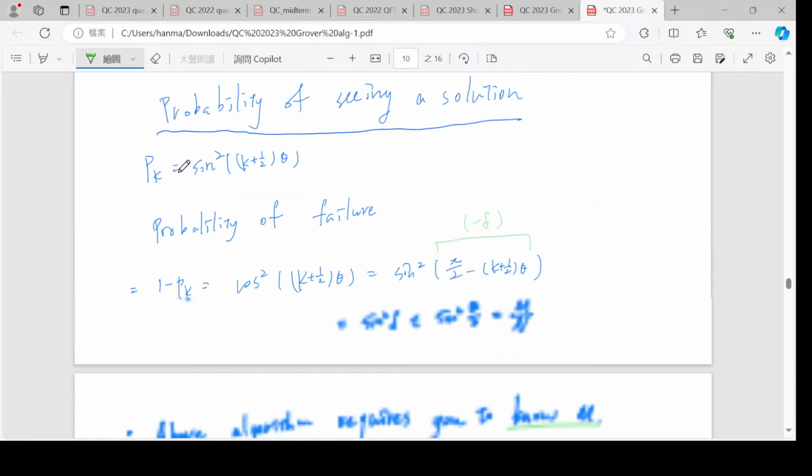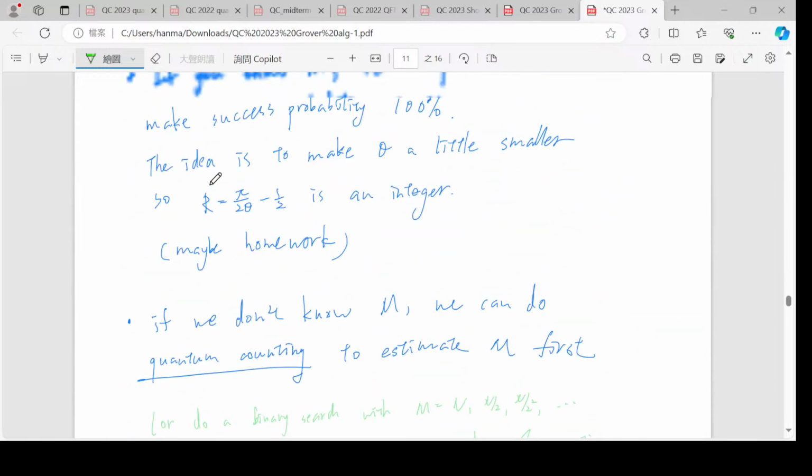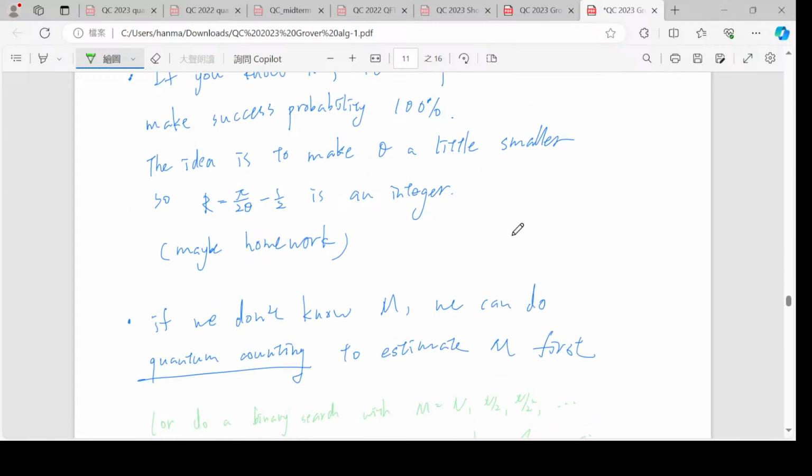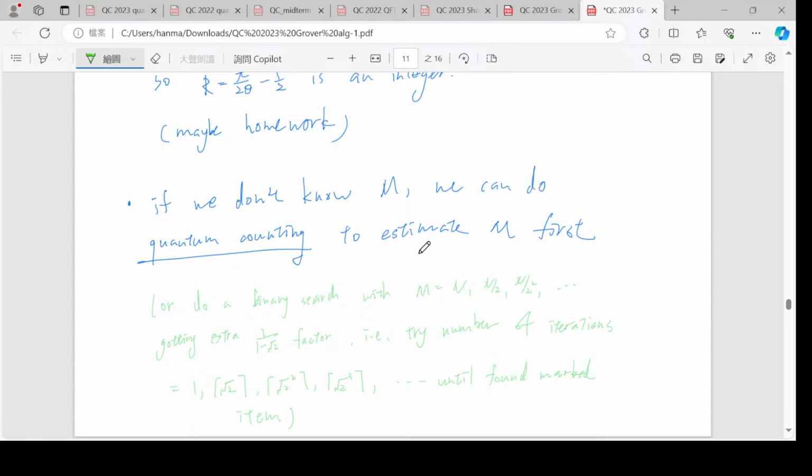You will exactly hit beta here. So that's pretty cool. If you know m, you can have success probability 100%. I don't know, this can be homework, but we might be a little short on time. We'll see. But back to not knowing m.